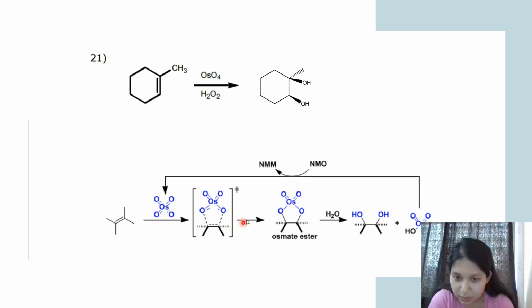So they use NMO, N-methylmorpholine N-oxide, reagent to reoxidize the osmium species formed at the end of the reaction into the initial osmium tetroxide species.